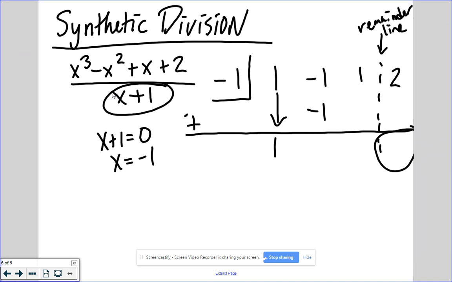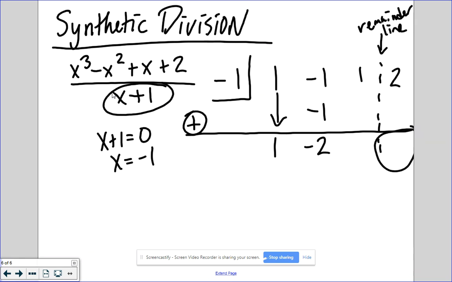The thing that's tricky about synthetic is you always add. It's not subtract like long division. It's the opposite. So I take -1 plus -1, which is -2. Then you do the same process again.